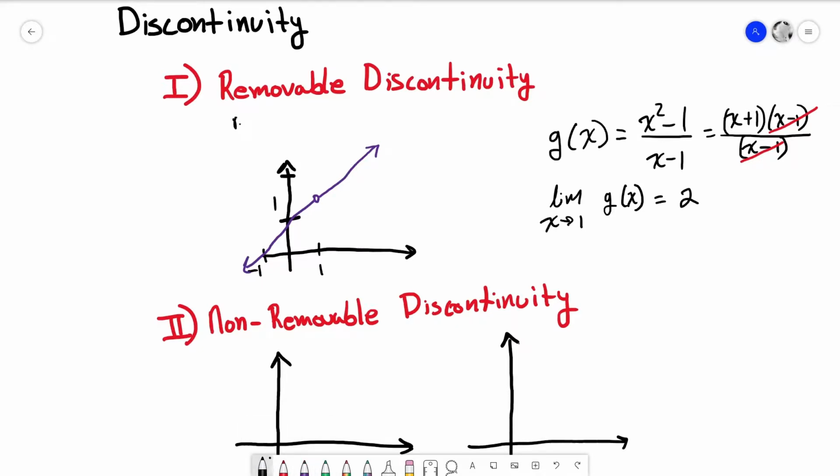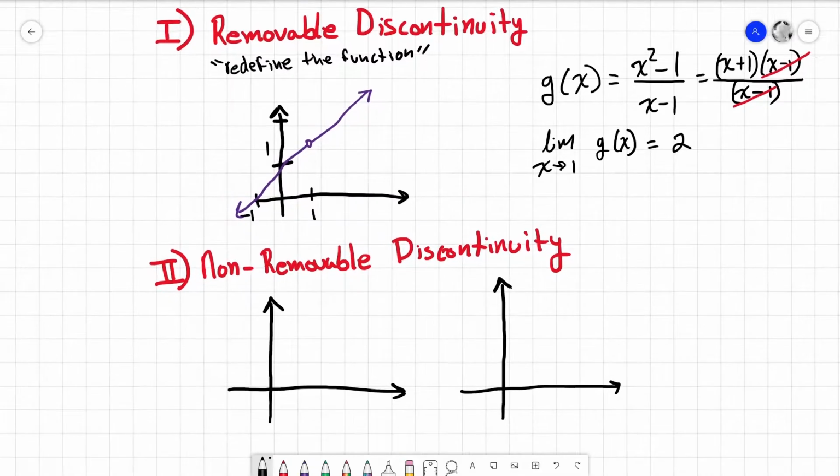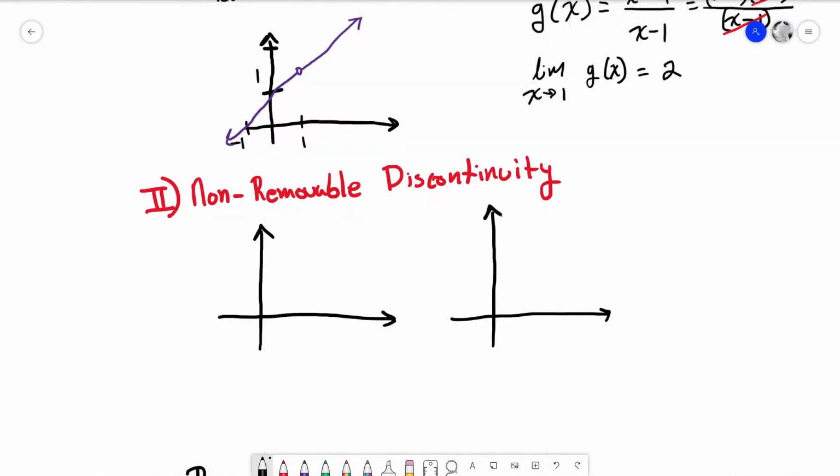If you can redefine the function, or it looks like it's very easy to fill in that hole, then that would be an example of a removable discontinuity.